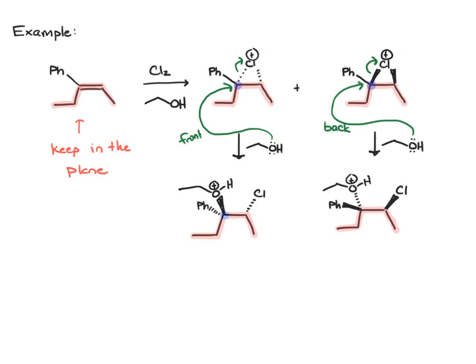The final step, we just need to get rid of the proton from the oxygen. And I like to keep it simple and just use a B with a lone pair. That will come over and take away the proton.